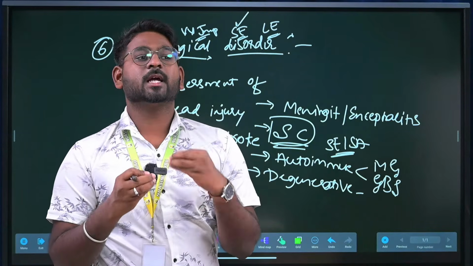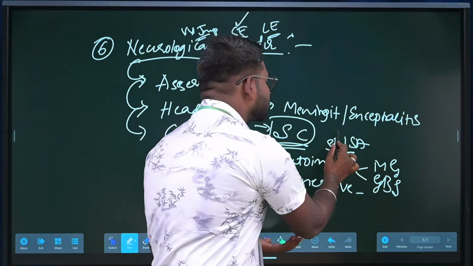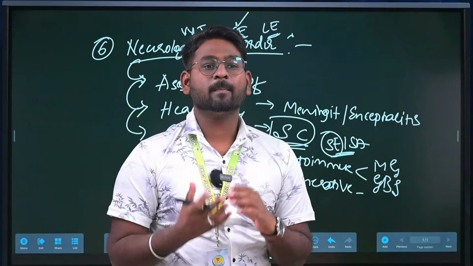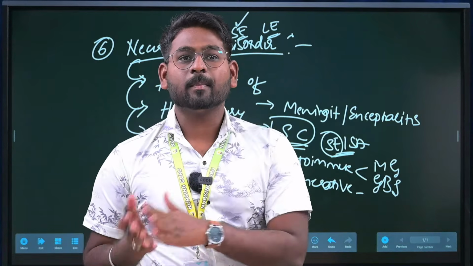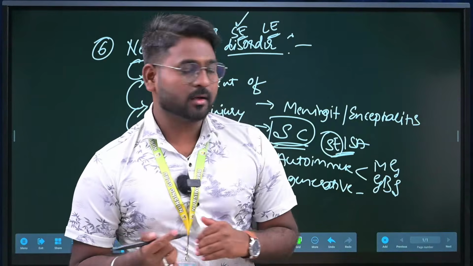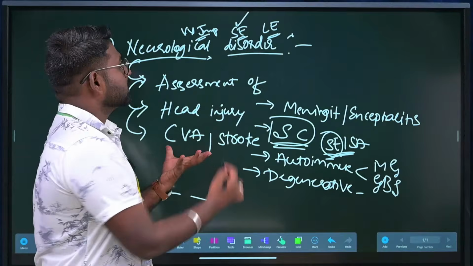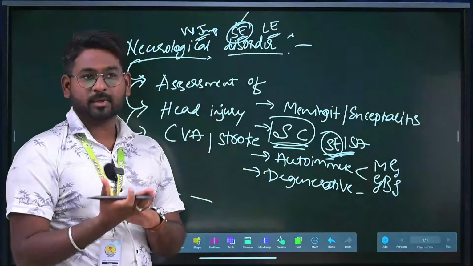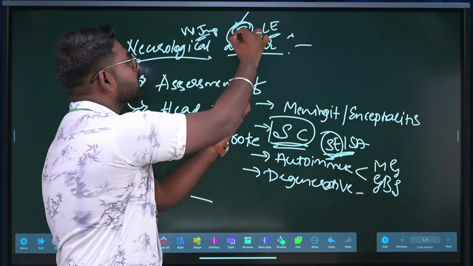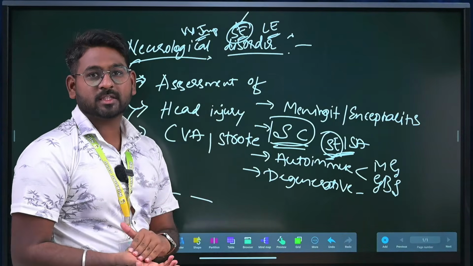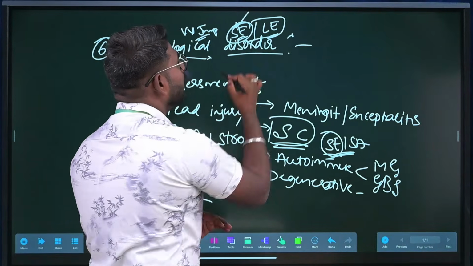Otherwise, if they ask for short essays, they will directly say explain in detail about Alzheimer's disease. From this unit, for the semester scheme they ask only for short essays, but we are also expecting questions for the long essay.